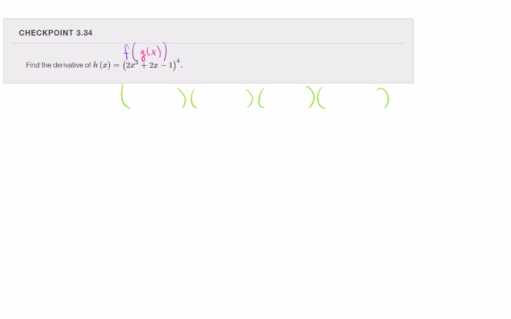So that would be one way to do it. We could also expand this and FOIL it out, or super FOIL really, because there's 3 terms in here. So we could expand it and make it into a really big polynomial, and then take the derivative of that, which would be pretty easy, but the work to expand it would be a long process, right?